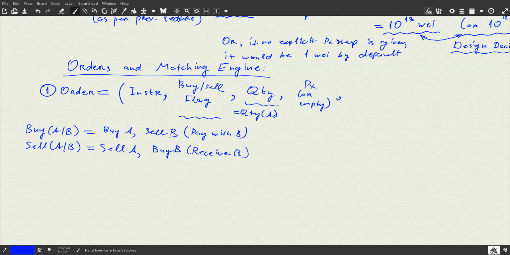It may have some extra flags, such as order type, time in force, something like that. Maybe these optional flags we will discuss. A useful optional flag is the one which is called time in force. For how long this order is going to be active.